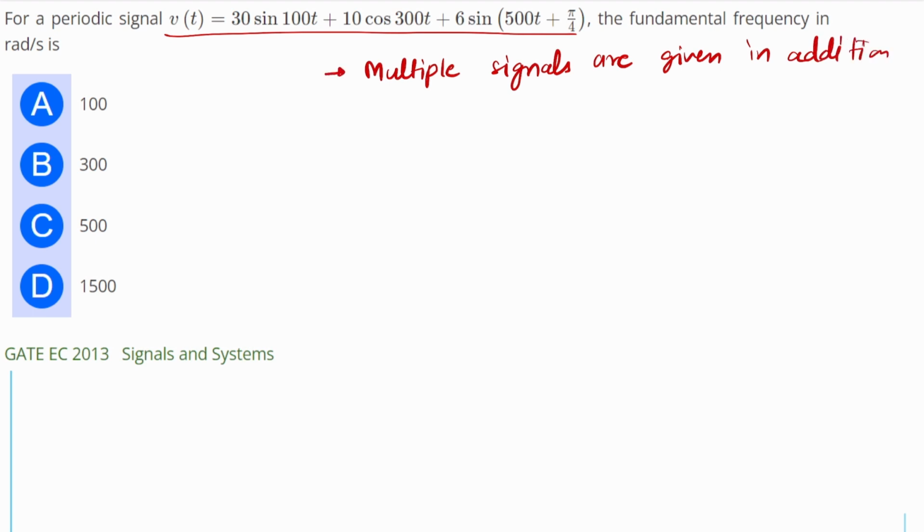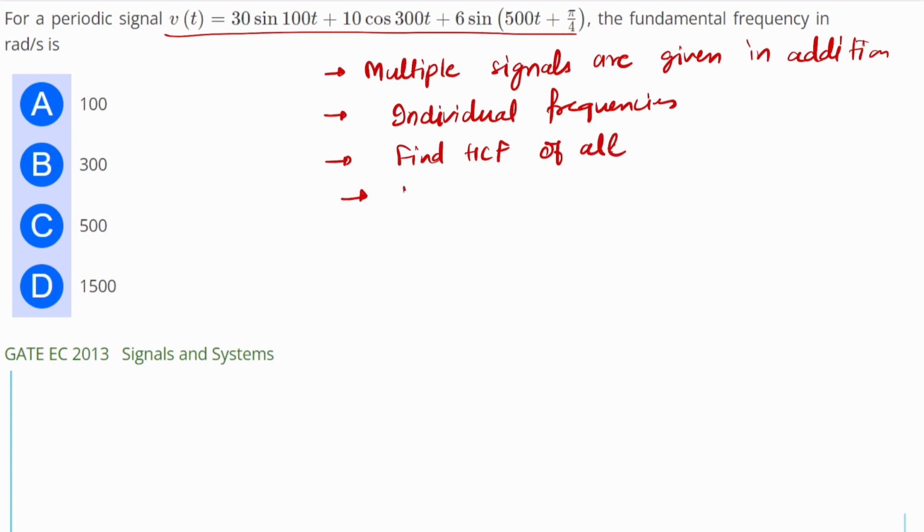If they are in multiplication or division, you have to perform trigonometric identities in order to make all the signals come into addition or subtraction form, and then you can proceed in the same manner. So you have to find the individual frequencies, and then find the HCF of all, and that will give you your fundamental frequency.